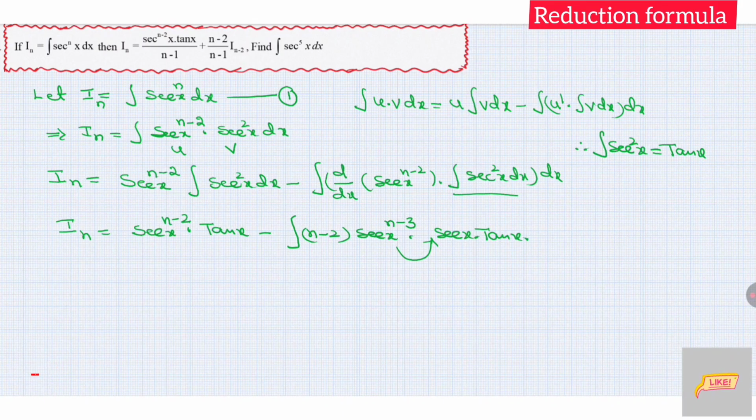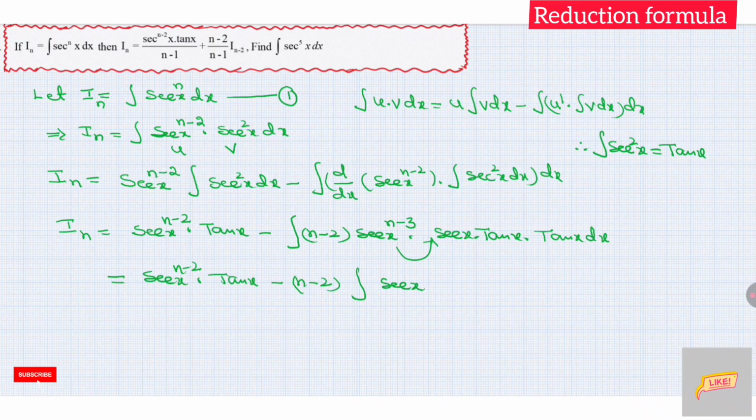Okay, next: I_n is equal to secant x power n minus 2 into tan x minus n minus 2, which is a constant here, integration secant x power n minus 3 plus 1, which is n minus 2, into tan x is tan square x dx.